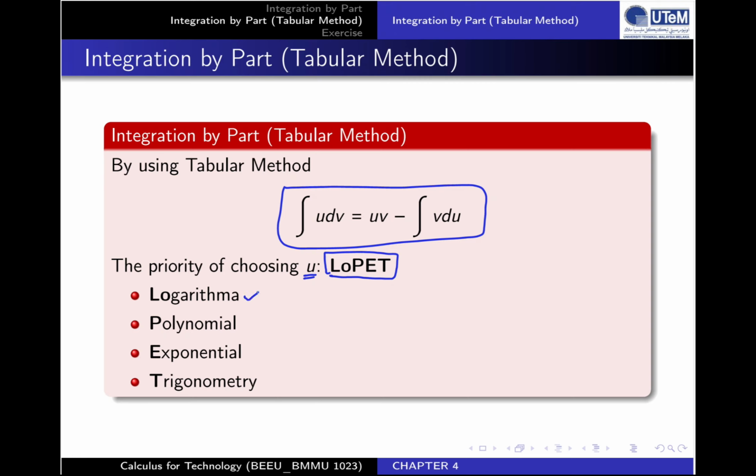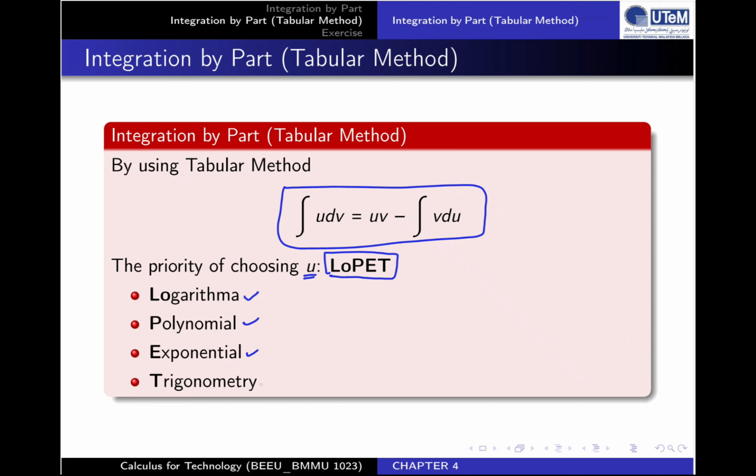LO stands for logarithm. If your problem involves logarithm, you must choose u starting with logarithm. Okay, if you don't have logarithm, you look at the second level, which is polynomial. If your function involves polynomial, you must choose u as a polynomial. And then if you don't have polynomial, next we can choose exponential.